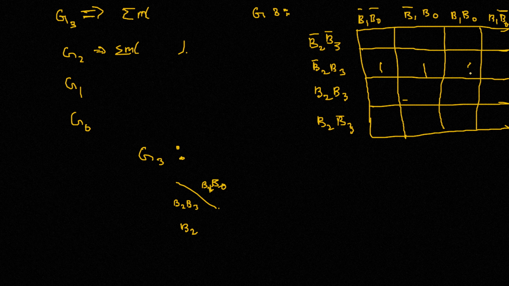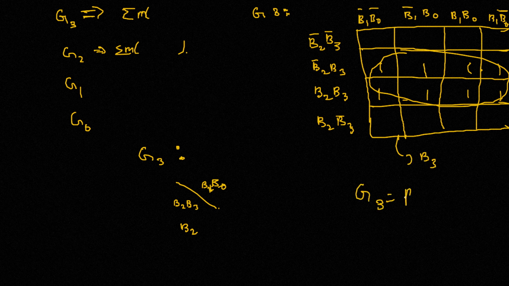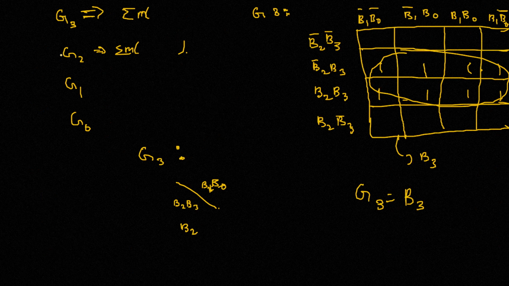So this is 1, 1, 1, and 1. Right? So upon simplifying the K-map, you will simply get B3. So G3 is equal to B3. And we also know that the most significant digit always remains the same. So if G3 is 0, that means B3 was obviously 0. So that is for G3.